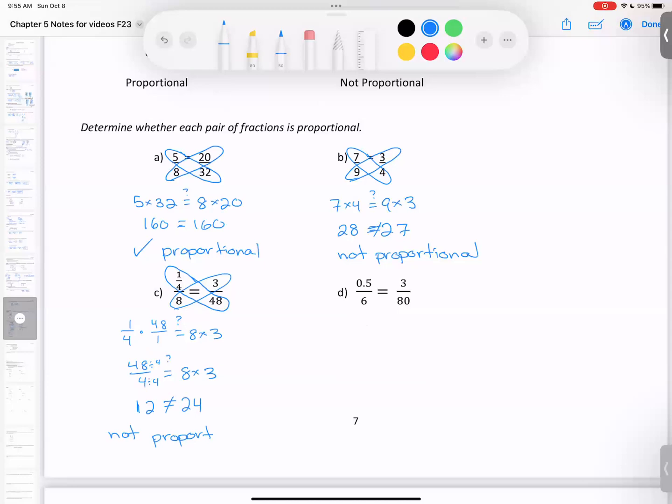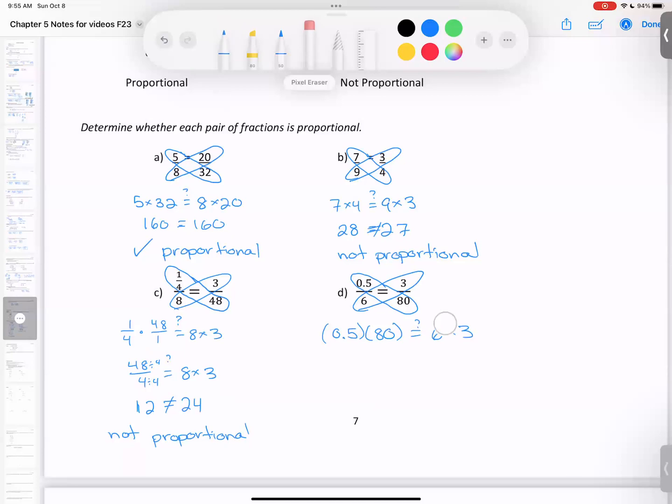The last example has a decimal, but you're going to do it in the same way. Pause this video and see if you can use the cross product method to see if those two fractions are proportional. All right, let's try this one together. Does 0.5 or 1/2 times 80 equal 6 times 3?